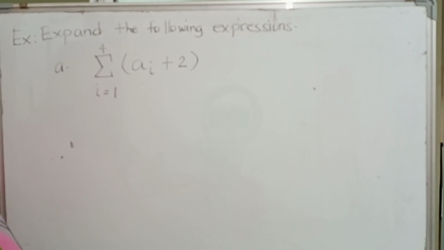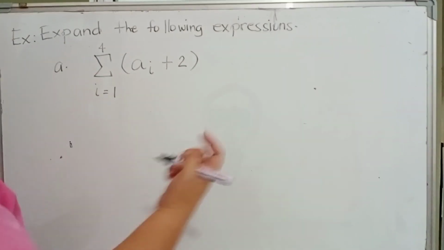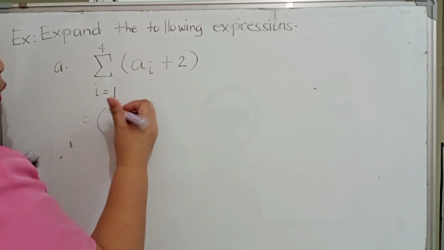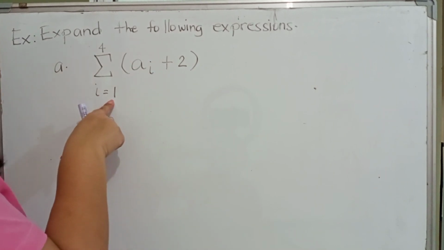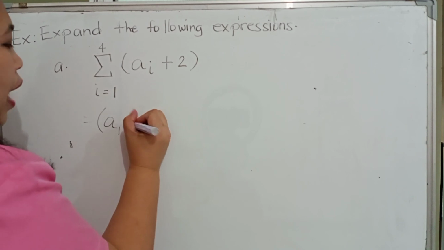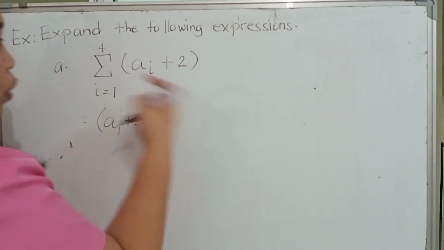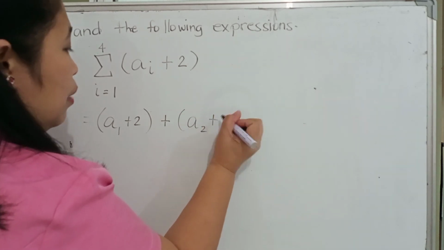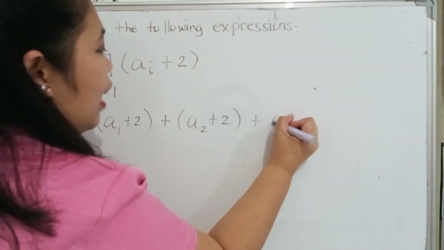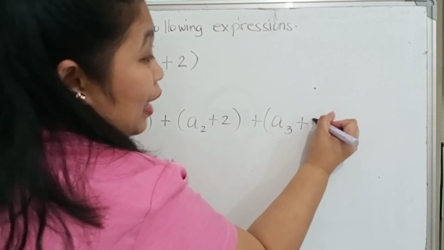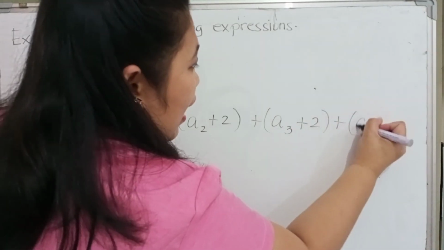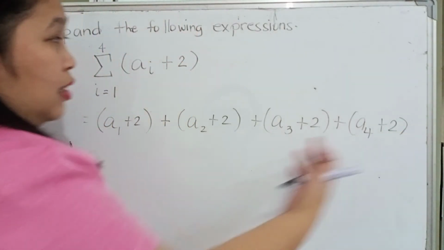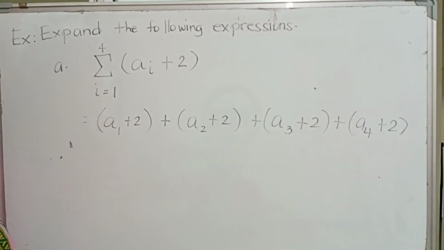So if we are going to expand this expression, this is equivalent to, please do write the open parentheses, a, wherein our lower limit is 1, sub 1 plus 2 plus, of course, up to our upper limit, which is 4, so you have a sub 2 plus 2 plus a sub 3 plus 2 plus a sub 4 plus 2.